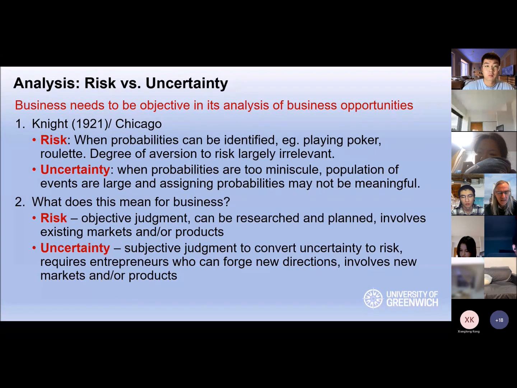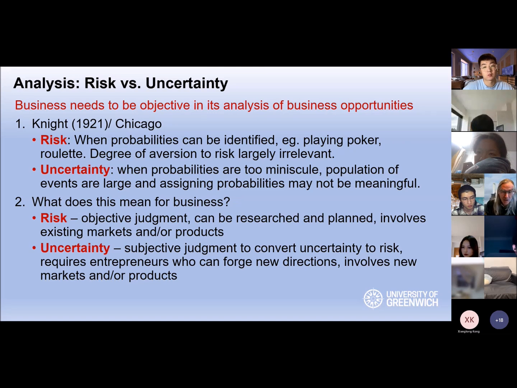So what about the difference between risk and uncertainty? This goes right back to 1921, so 101 years ago. Knight came up with this theory at, I think, the Chicago Business School or the Chicago School of Economics. And what he defined risk as was a probability that you can identify and you can calculate.